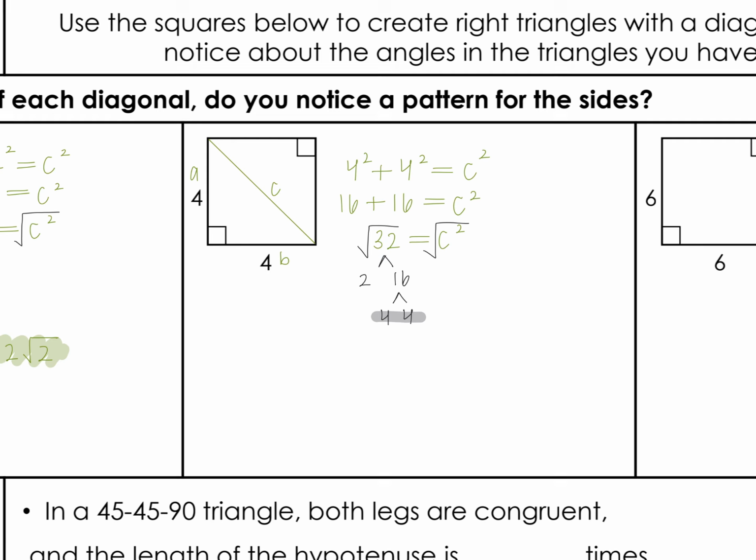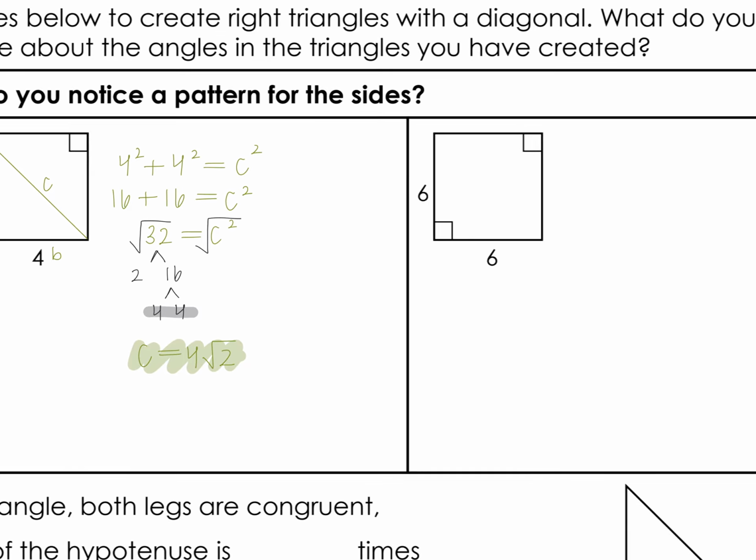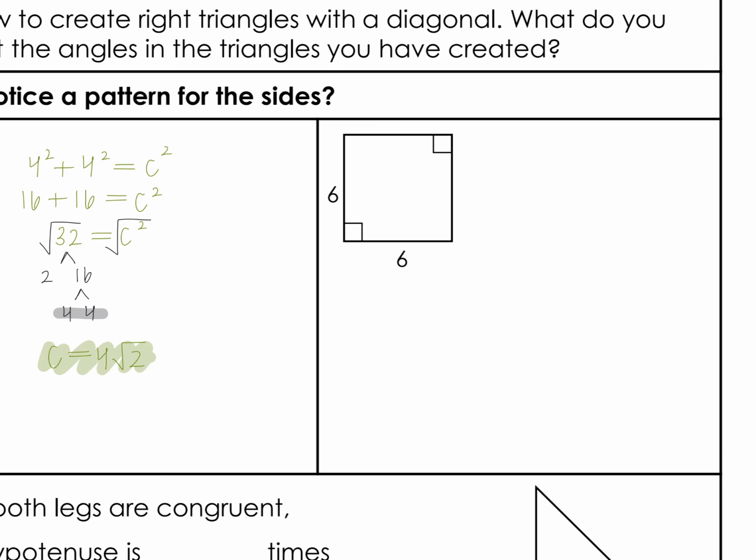And then I'm going to be left over with a 2 underneath. Okay, so my diagonal has a length of 4 root 2. Now let's do it one more time just to make sure we have that same pattern. If you haven't noticed it, I will go over it here in a second.